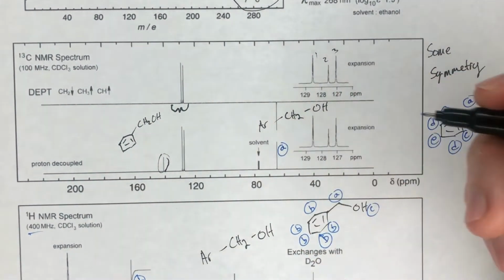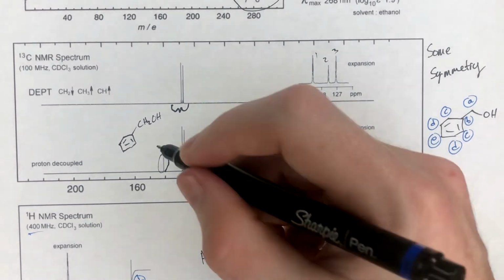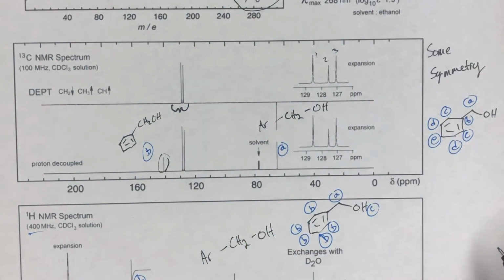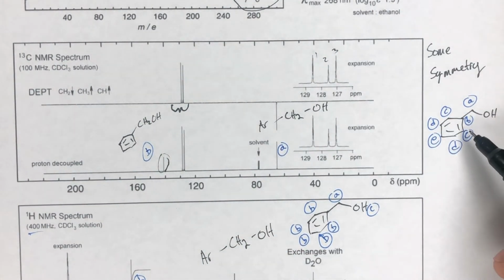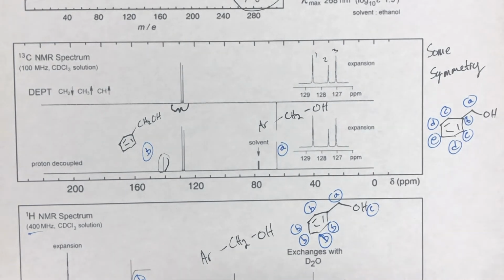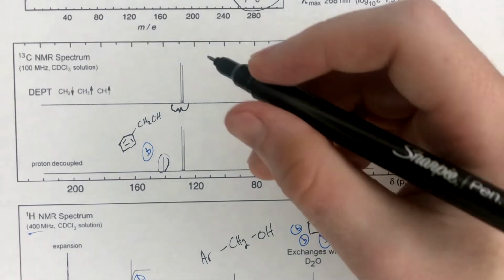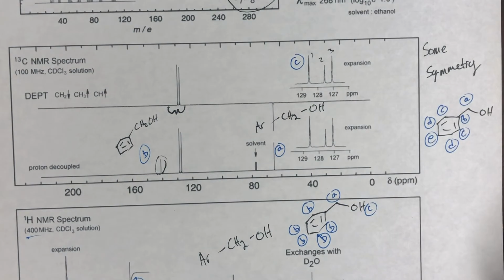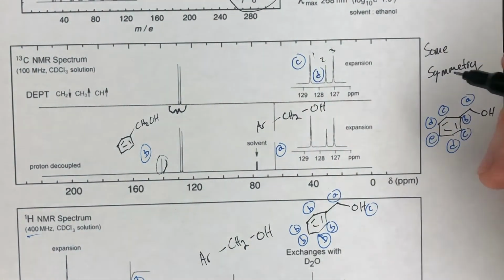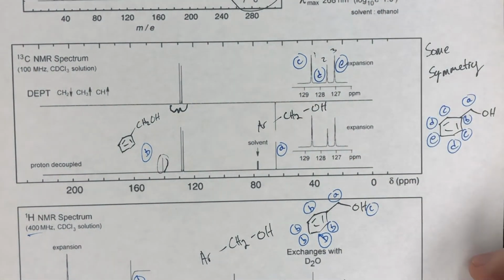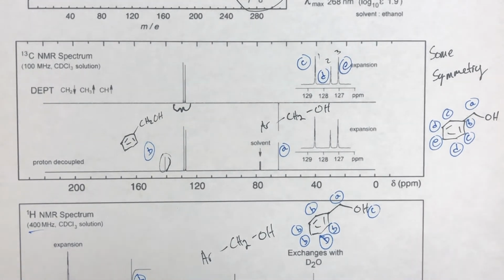So here's A. B is the quaternary one, which is here. And then C is probably the one closer to the OH group. So that C is here. And then D is here. And E is here. Okay, and that is how you solve this question.